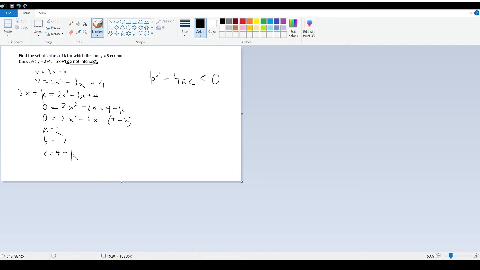So I'm going to put these values in. A is equal to 2, and C is 4 minus k.